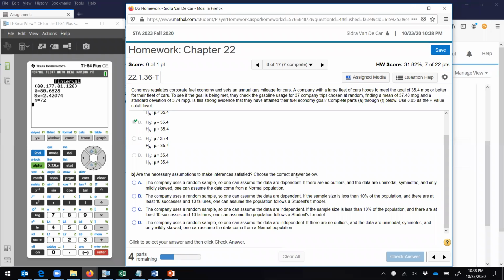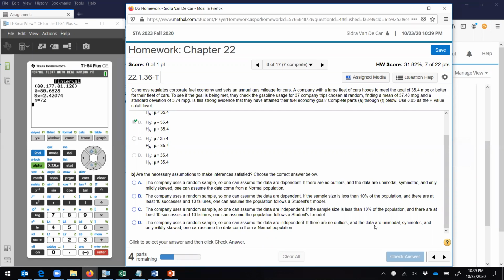Are the necessary conditions met? The company uses a random sample. Yep, chosen at random. Company uses random samples, so one can assume the data are independent. If the sample size is less than 10% of the population, and certainly 37 probably is, and there are at least 10 successes and 10 failures, no, that's for a proportion.